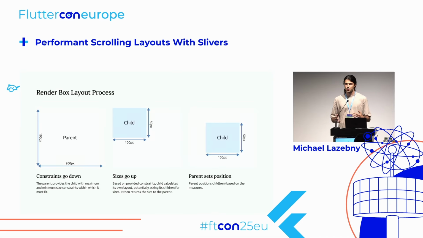Okay, the sizes go up. Based on this information, render objects do their own calculations and return the size, and the size can be used by the parent, right? So, for example, when a text is given a width of, let it be, 50, and unlimited height, it can calculate that, okay, for the given string I need, like, 50 lines, right?